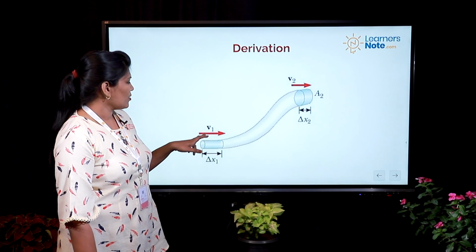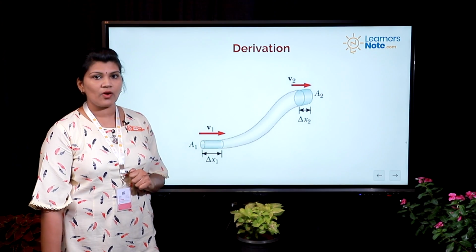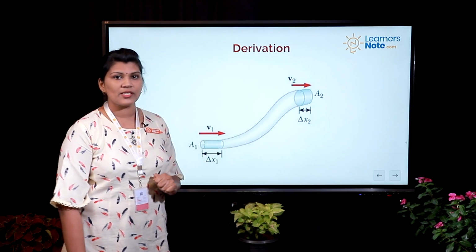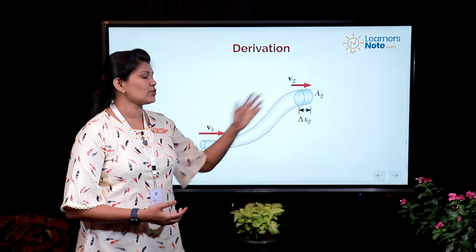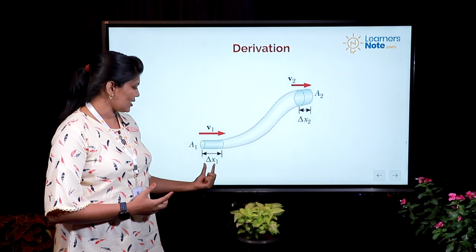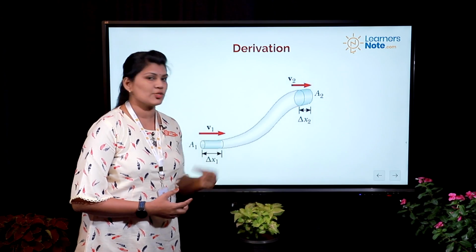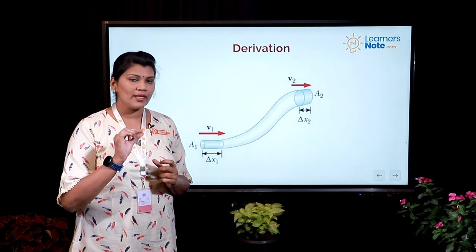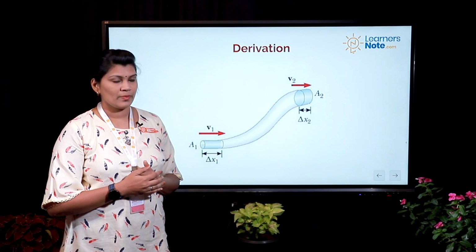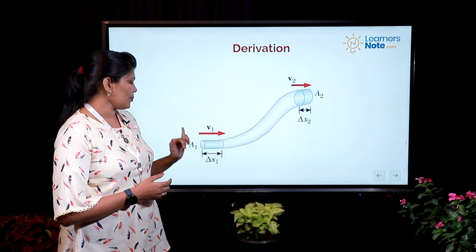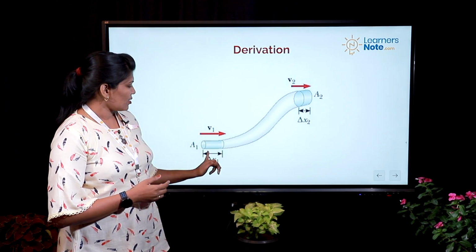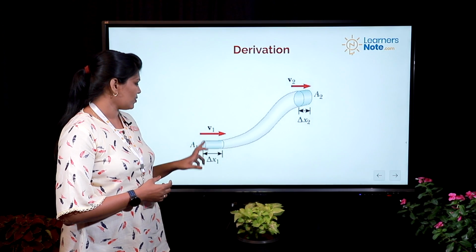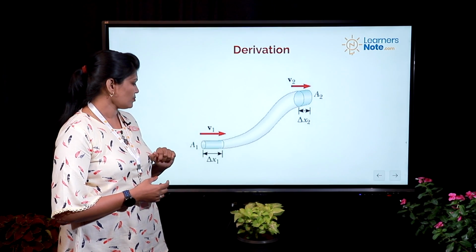V1 is the velocity of the liquid in the A1 area and V2 is the velocity of the same liquid at the A2 area. Delta x1 and delta x2 are the distances that the fluid moved in unit time. So in unit time, each part of the fluid will flow a distance of delta x1.